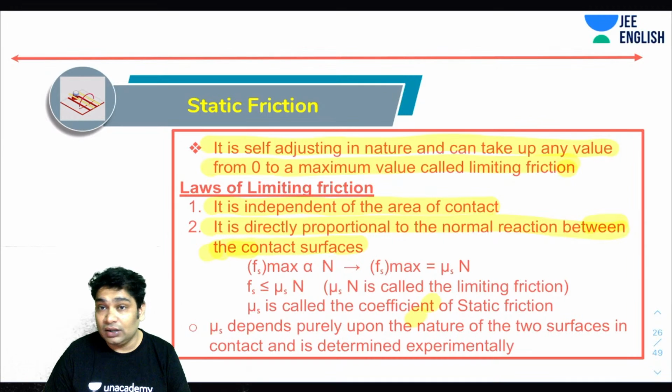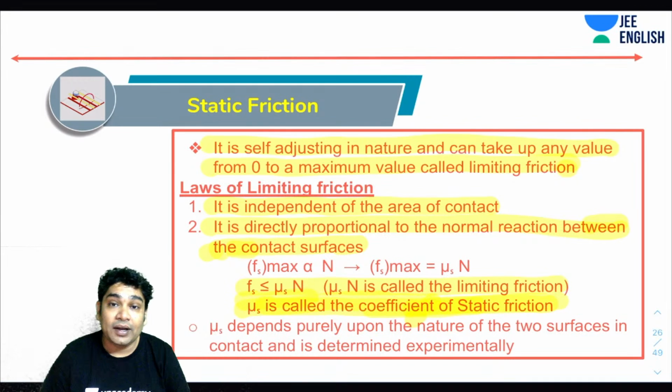This is called the limiting friction, and mu is called the coefficient of static friction. The value of mu depends purely on the nature of the two surfaces in contact and can only be determined experimentally.